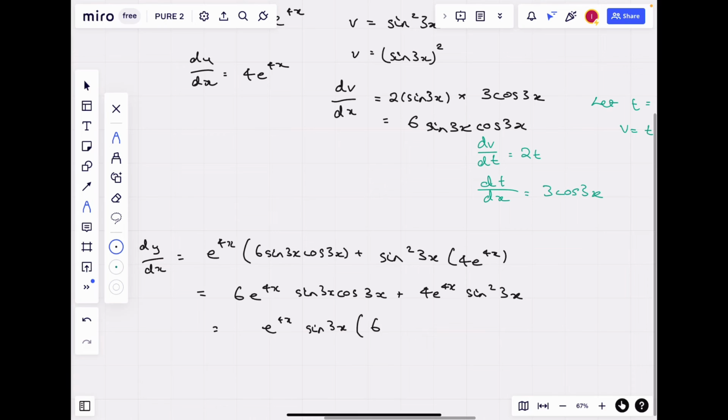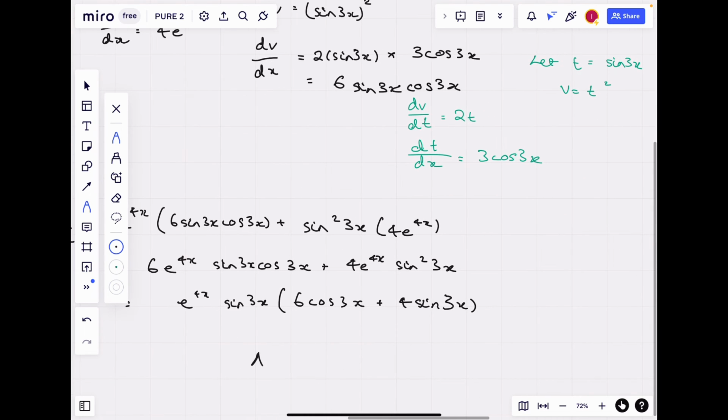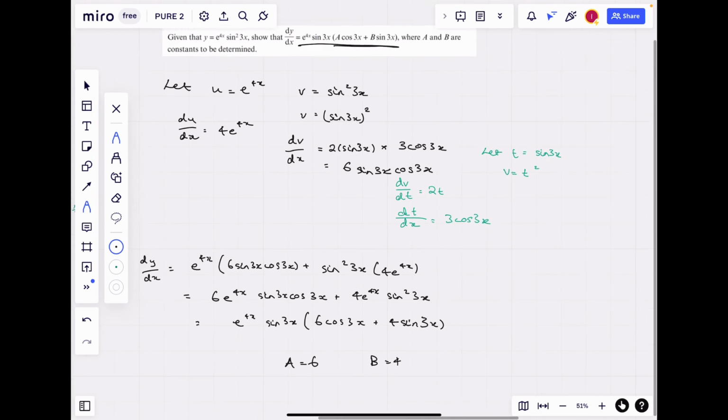Inside your bracket would be 6 cos 3x plus 4 sine 3x. And now you have it in this form, which means a is equal to 6, b is equal to 4. There you go.